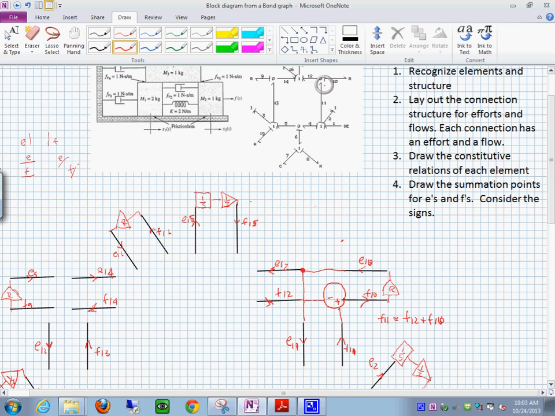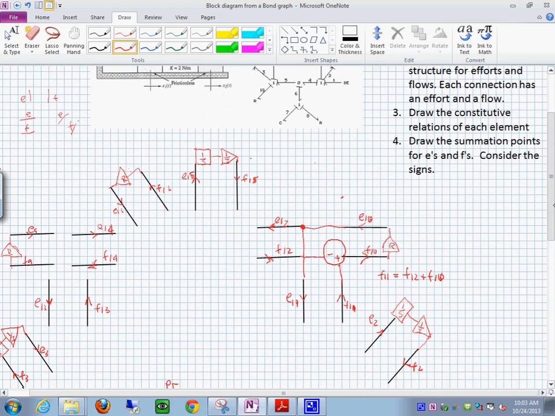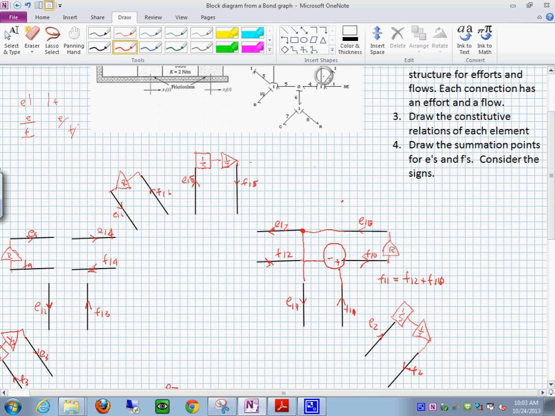Yeah, I am reading and respecting the way these half arrows are in this, but at the same time I am accommodating the signs to match the way the signals flow inside each one of these elements. Okay. So let's try to do the next one, and this will be clear to you.